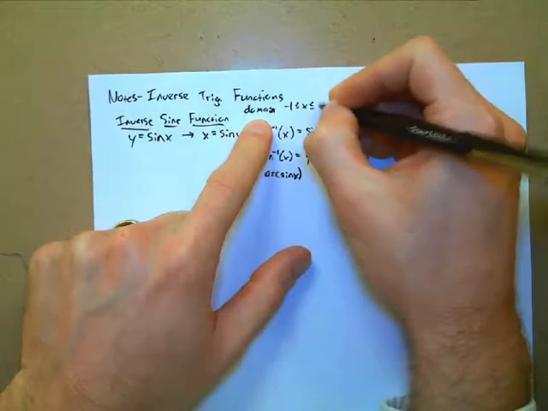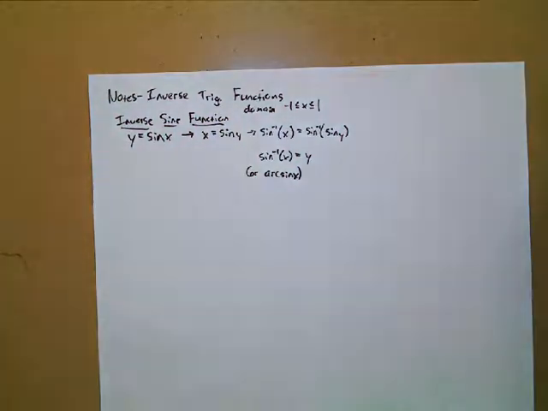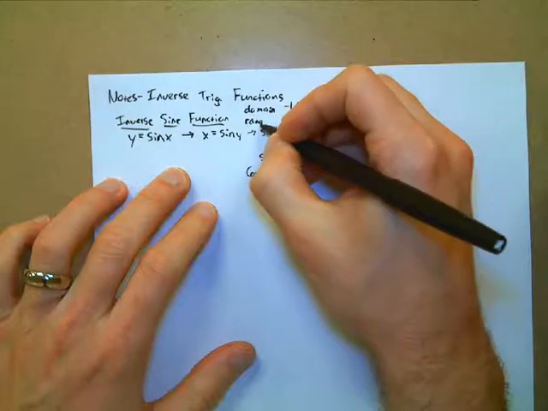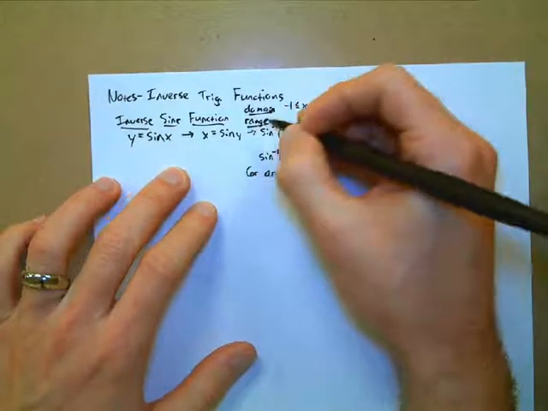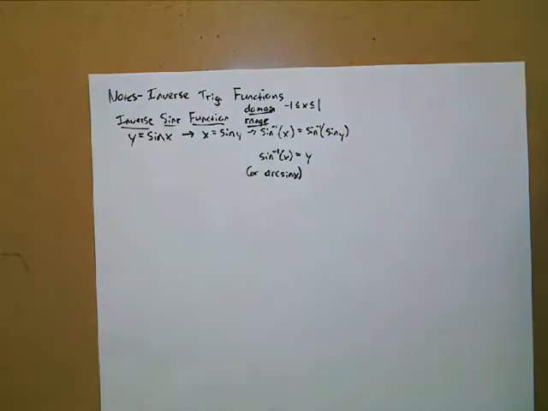And then the range, well, now we're going to have some trouble, because the graph of regular sine is a wave, and it fails the horizontal line test, which means that its inverse, sine inverse, will not be a function, unless we define the range in a specific way.